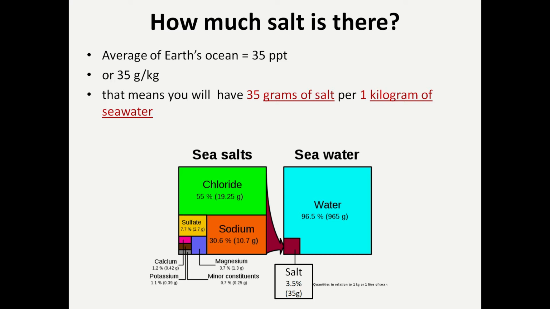On average, the oceans are approximately 35 parts per thousand, or grams per kilogram salt, which translates to 35 grams of salt per kilogram of water. Remember that salts are not limited to sodium chloride, the table salt that you may be used to. Most of the natural elements on the periodic table are represented in various quantities in ocean water.